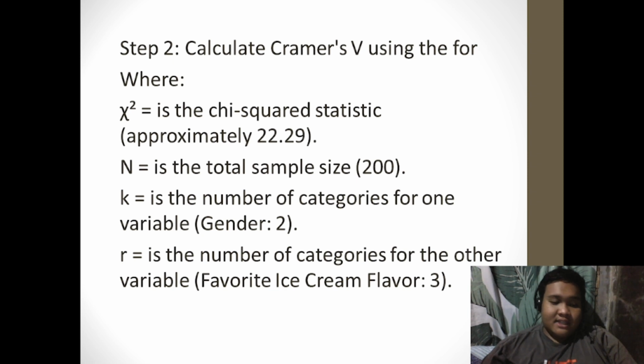In this case, the total x squared is approximately 22.29. N is the total sample size, which is 200. P is the number of categories for one variable, gender, and R is the number of categories for the other variable, favorite ice cream flavor, which is 3.